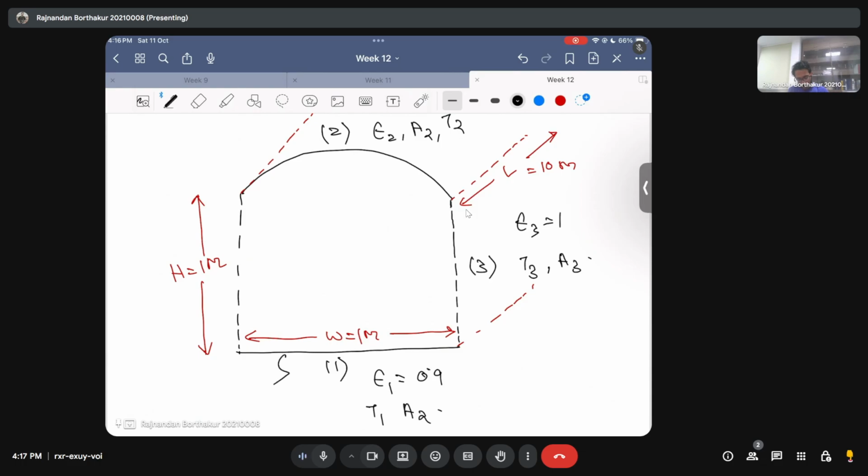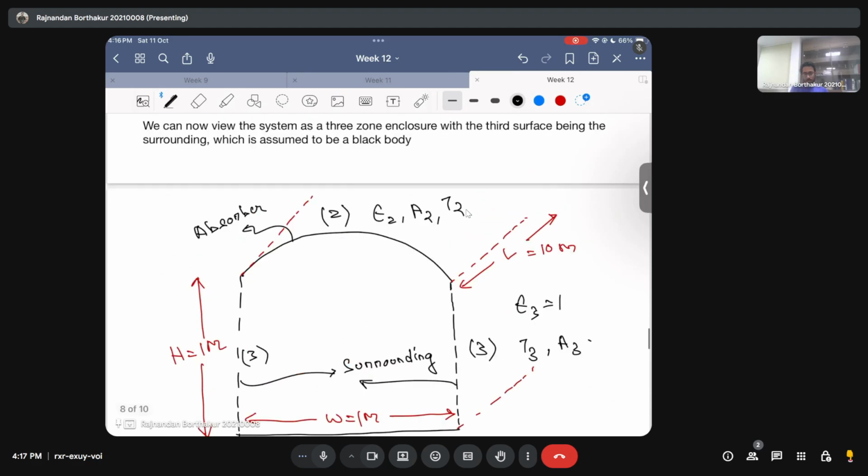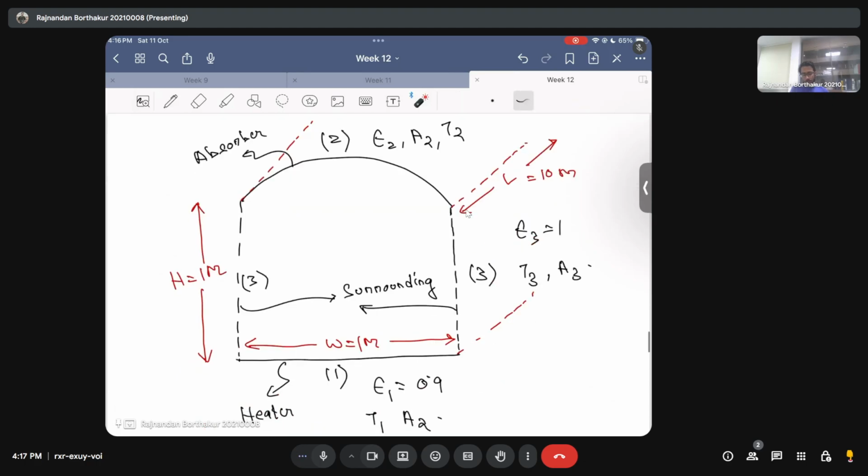So my 1 is the heater, my 2 is the absorber, and my 3, which is basically this and this, is nothing but the surrounding. Okay, so we are basically going to calculate this quantity F23.